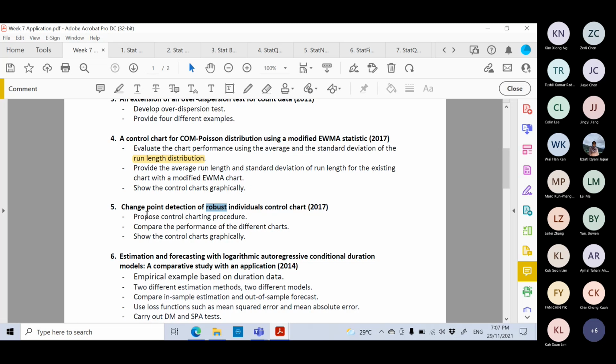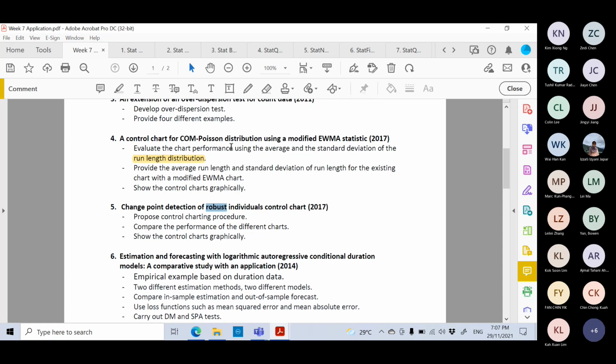Then of course in the following examples, in terms of the methodology, last week we mentioned that we can carry out a simulation to justify our techniques. Similar to paper number 4, they also carry out a simulation to justify their techniques. At the same time, they also provide a real example.